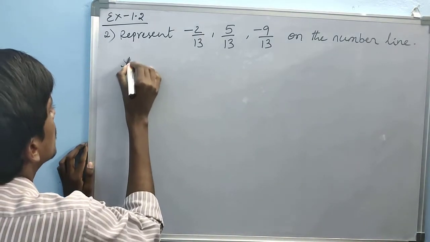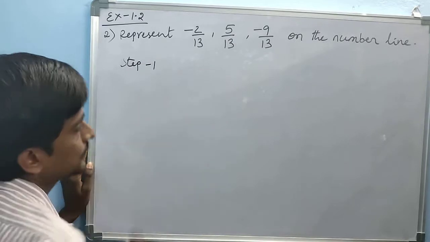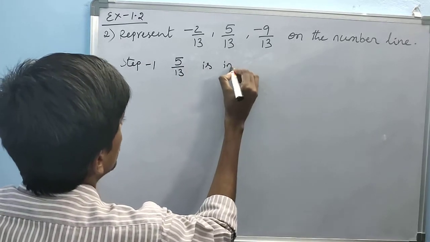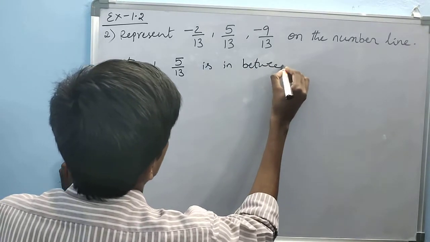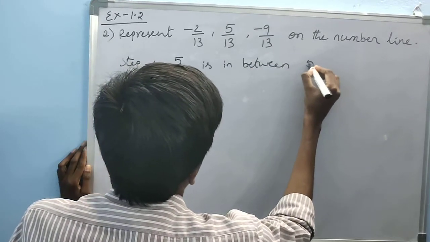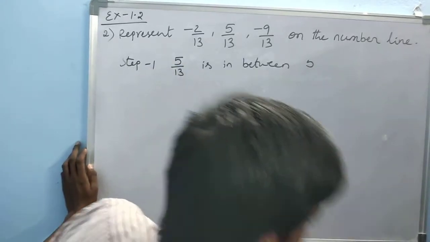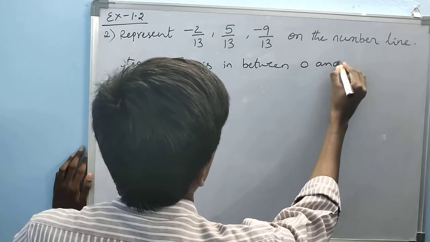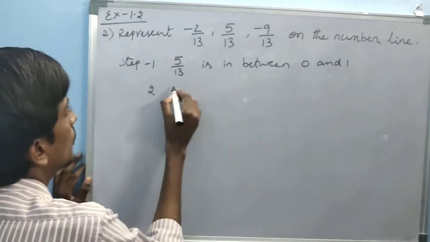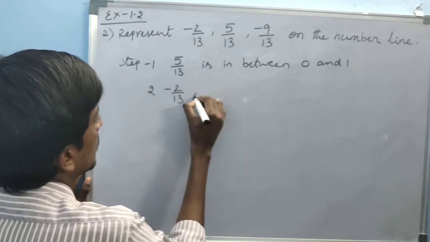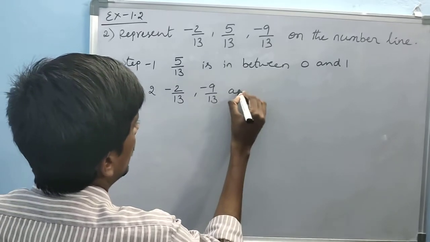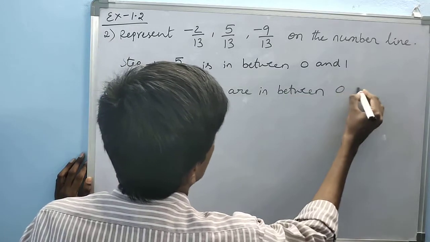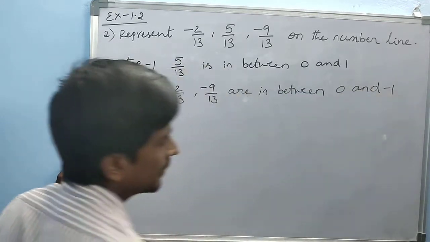So, step 1: 5 by 13 is between 0 and 1. Step 2: minus 2 by 13 and minus 9 by 13 are between 0 and minus 1. Why?